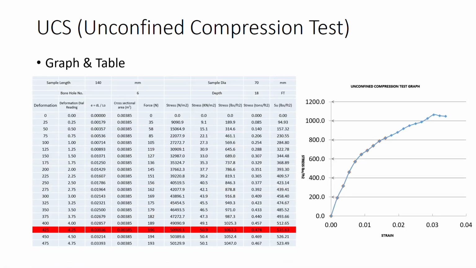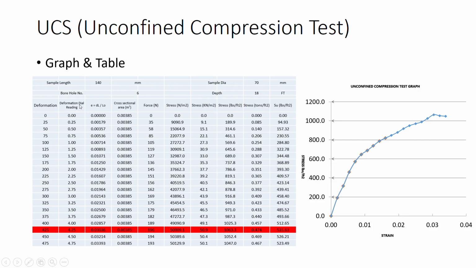Graph and table. This is the table showing the sample length, sample diameter, borehole, and depth of the sample achieved from the borehole. During the test we need to note down two values: one is the deformation values and the other is the force values from the proving ring gauge.